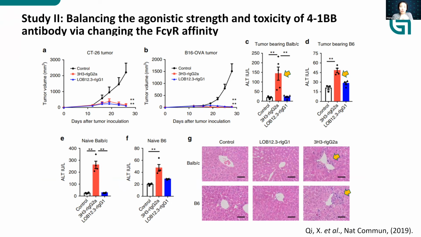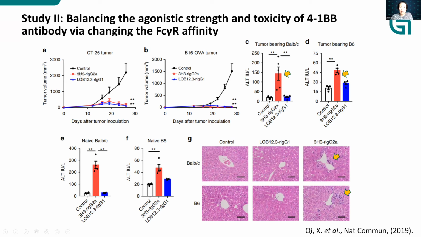In this experiment, the group designed two 4-1BB antibodies: 3H3, which has high affinity to CD137, and LOB 12.3, which has low affinity to the antigen. However, at the same time, they gave these two Fab regions two different Fc regions.